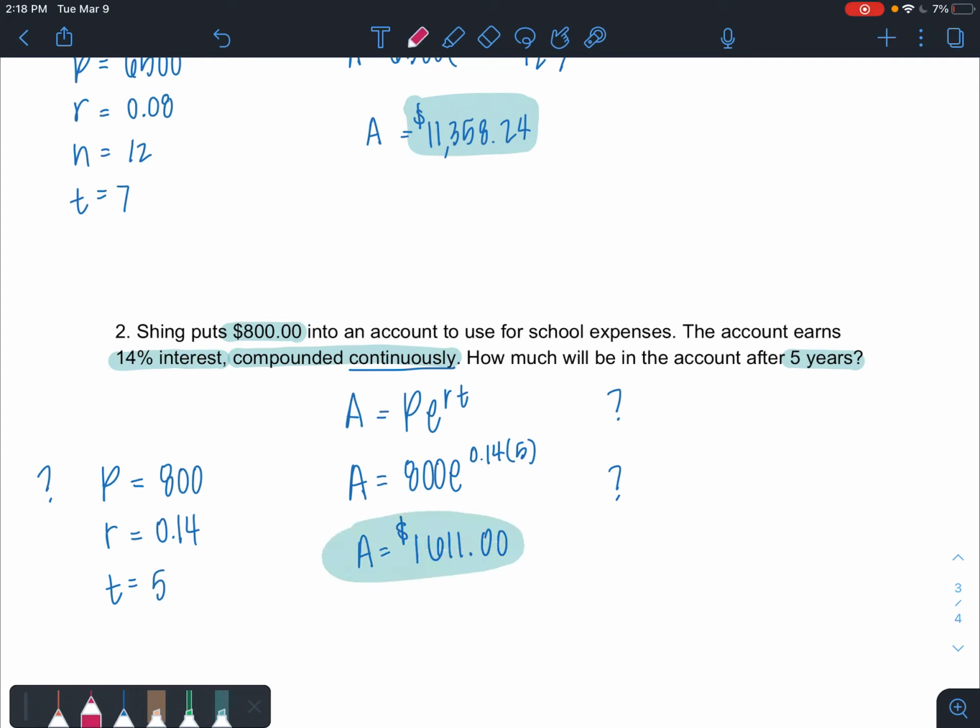We do want to label that as money. So make sure, just make a little note, don't forget to label.